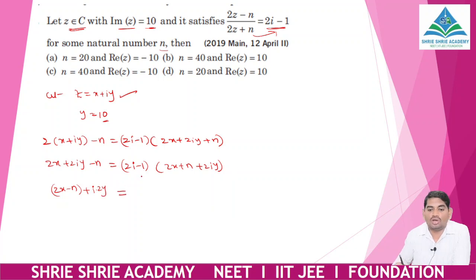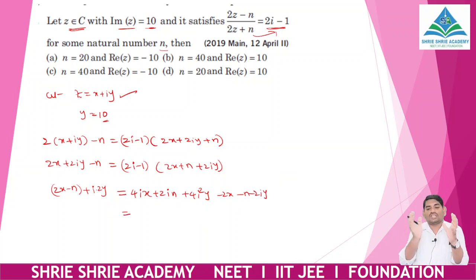So if we multiply all these terms in the right side now, we got 4 iota x plus 2 iota n plus 4 iota square y, then minus 2x minus n minus 2 iota y. So right side also I will separate the real part and imaginary part. So right side, what is the real part?